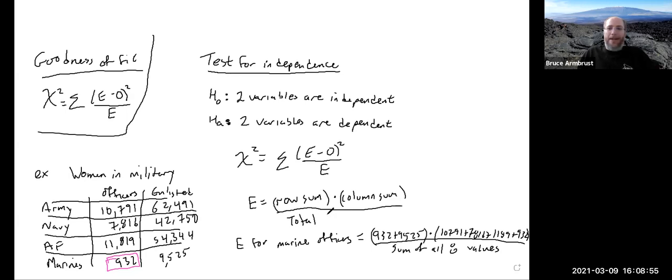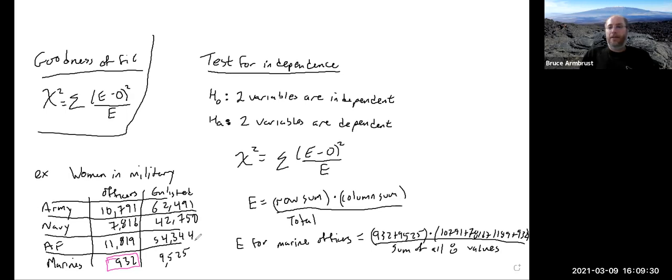If you go back way to like, I don't know, chapter 3 or something forever ago, probably back at the end of January or something, when we were talking about conditional probabilities, when we did independent events, this is the formula. This is how it would play out if you looked at those probabilities and built it in terms of the entries in the grid. So it's a blast from the past where this E comes from, but we'd have to do that for every single one of these entries.